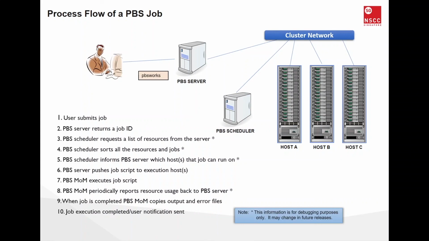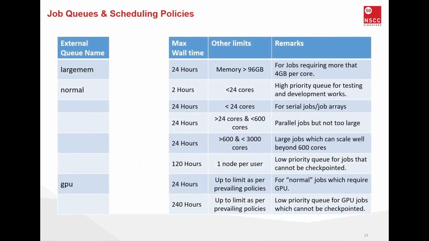Let's talk about the queues in NSCC. We have two different types of queues. One is external, and another is internal queues or hidden queues, not accessible to the users. We have several queues configured to handle different workloads.